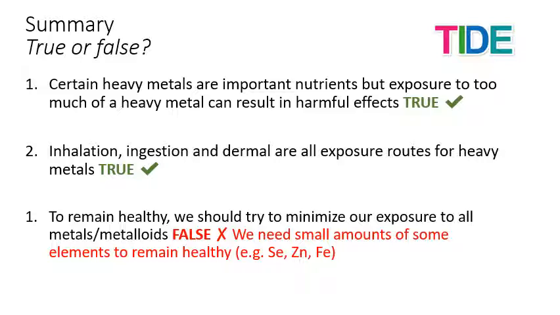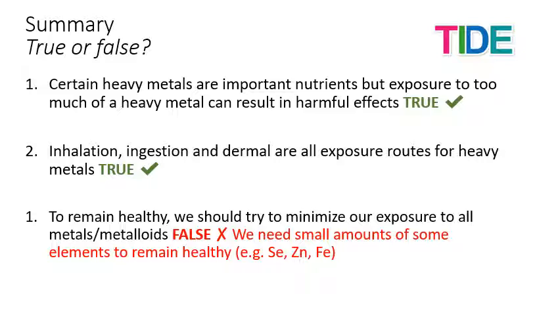So hopefully you all got that statements 1 and 2 were of course true. Certain heavy metals are important nutrients, but exposure to too much of any heavy metal can often result in harmful toxicity effects. Question 2, inhalation, ingestion and dermal are all important exposure routes for heavy metals.